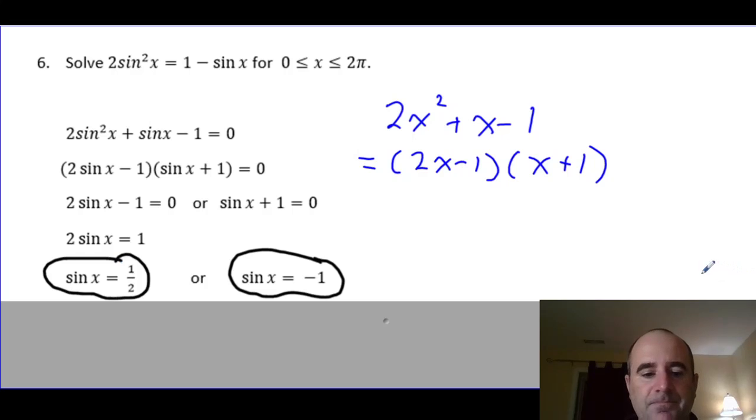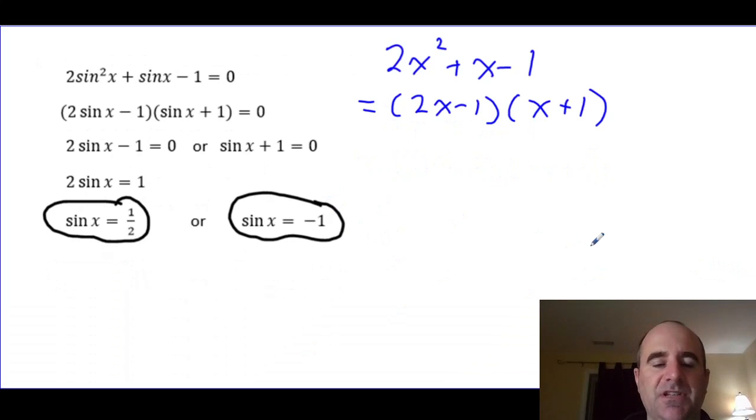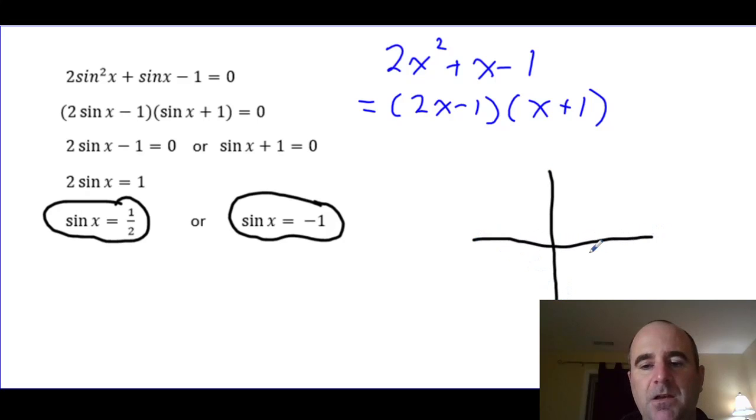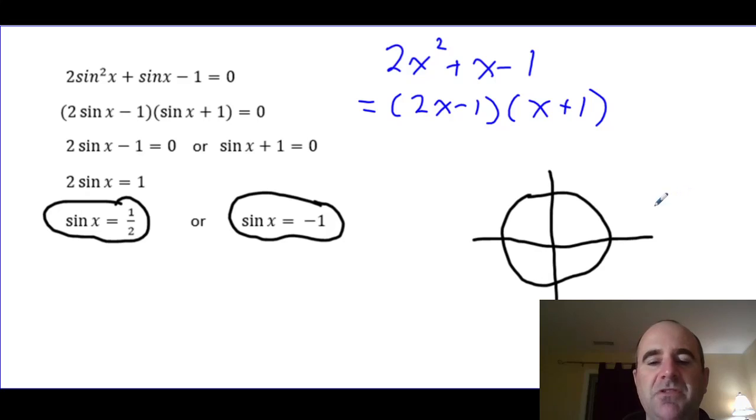Let's start with sine x equals negative 1. So when is the sine function equal to negative 1? Well, there's a few ways of thinking about it. One way is to imagine the unit circle. Remember that every point on the unit circle has coordinates that are the cosine of the angle and the sine of the angle.